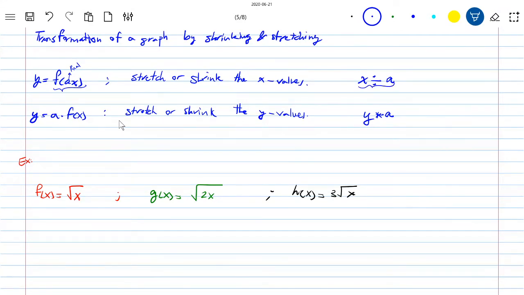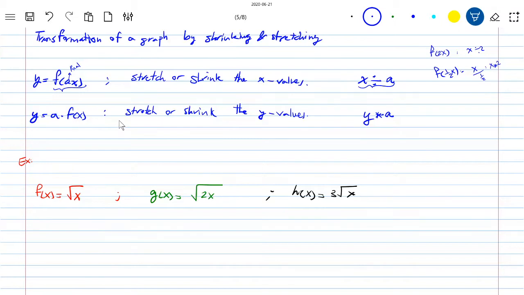So if you have f of 2x, then all the x values will be divided by 2. But if it was f of 1/2 x, then all the x values are divided by 1/2, which means all the x values will be multiplied by 2. So a rescaling will happen in the opposite order.